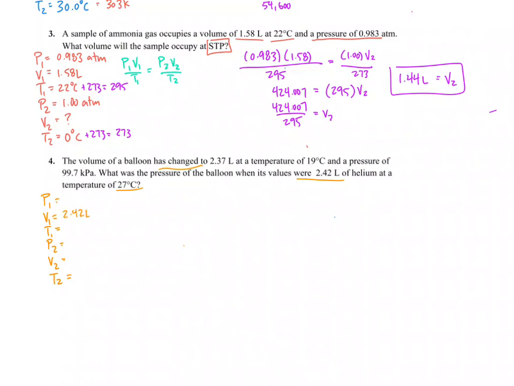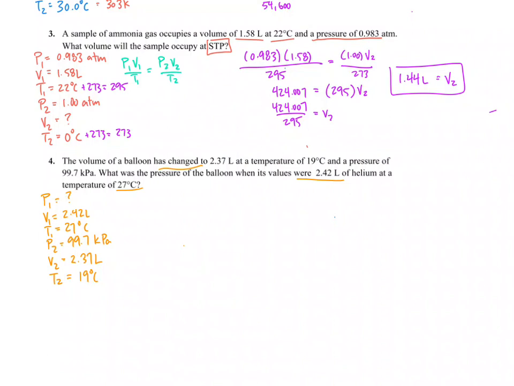The starting temperature is 27. And we want to figure out the starting pressure. The new volume is 2.37 liters, and the new temperature is 19 degrees Celsius, and the pressure was 99.7 kilopascals, kPa.